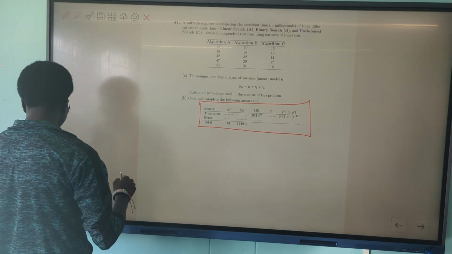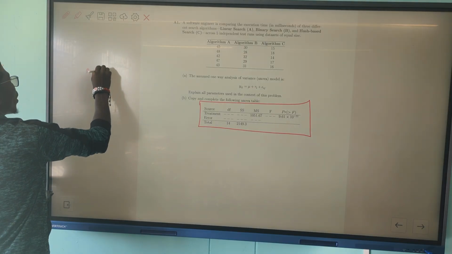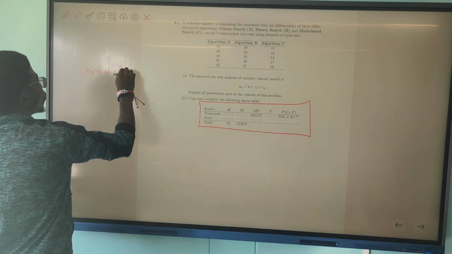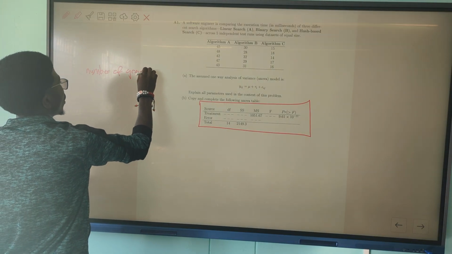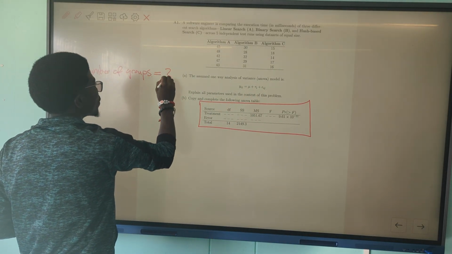Number 1, we have what? Number of groups. How many number of groups do we have? 1, 2, 3. We have 3 groups.